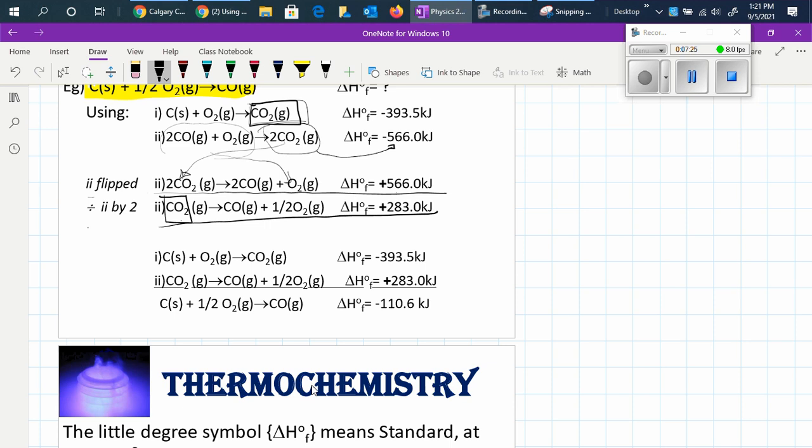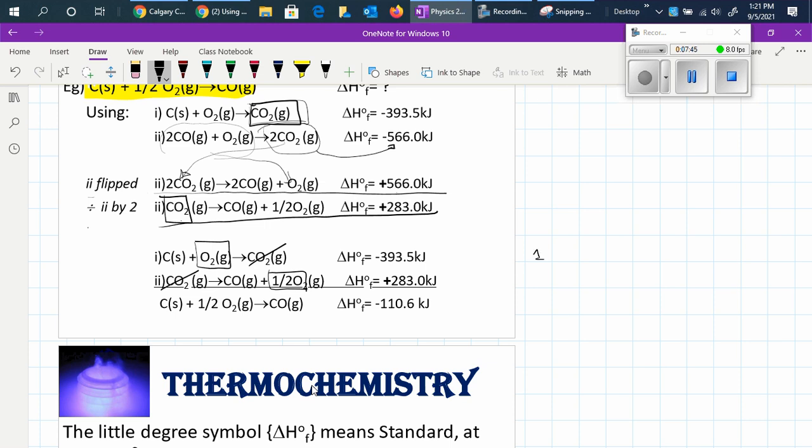Now, when you add those together, carbon dioxide and carbon dioxide cancel out. Then we have 1 mole of oxygen on the reactant side and half a mole of oxygen on the product side.